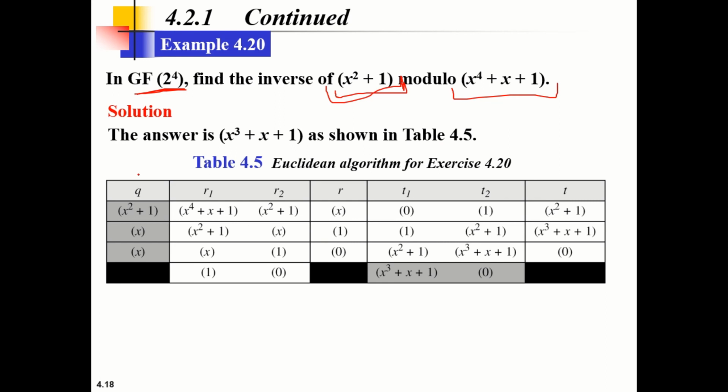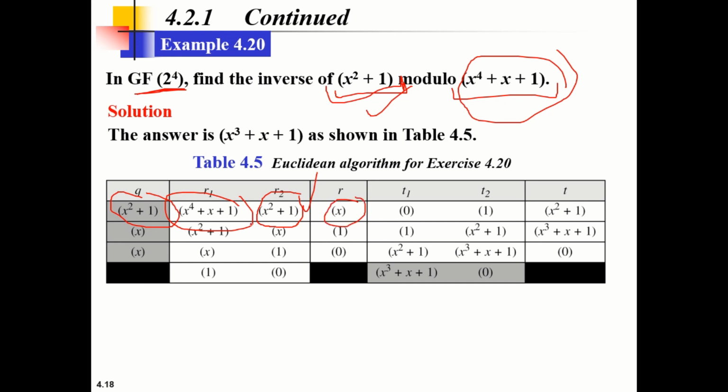The process is same. Instead of integers, now we are dealing with polynomials, right? So this will be r1, and the dividend will be the r2, and when you divide these two values you get a value of quotient and a value of r.